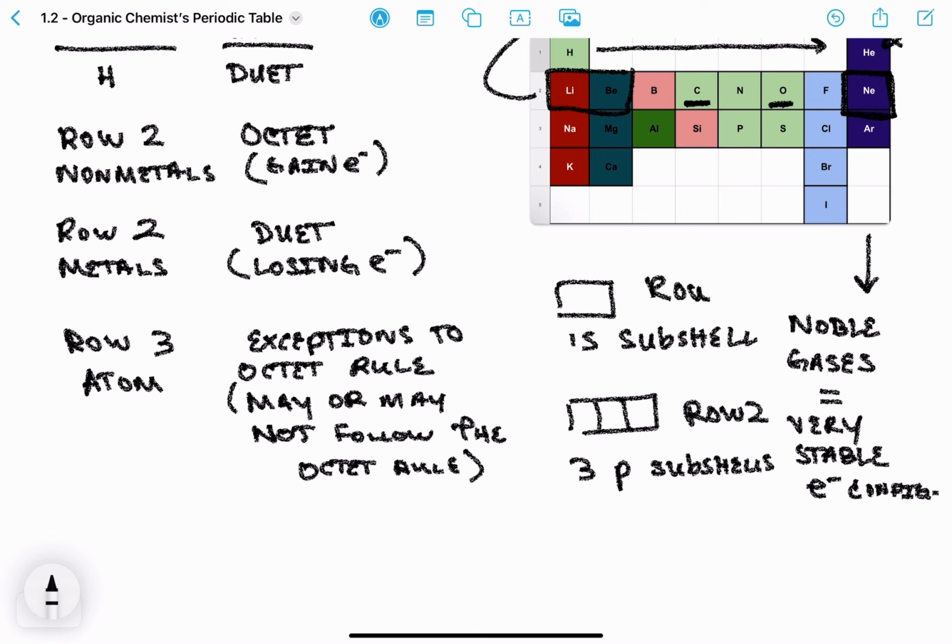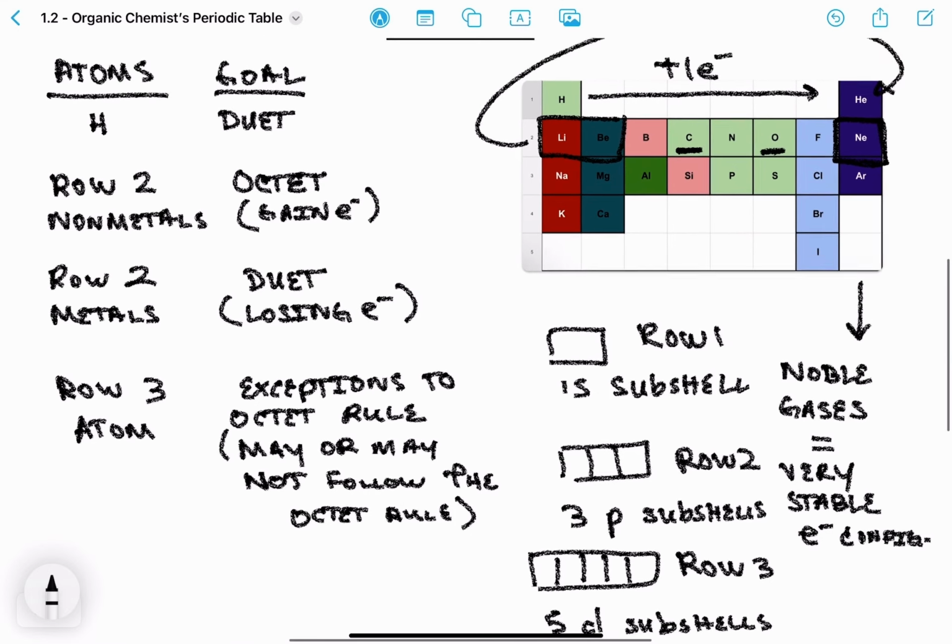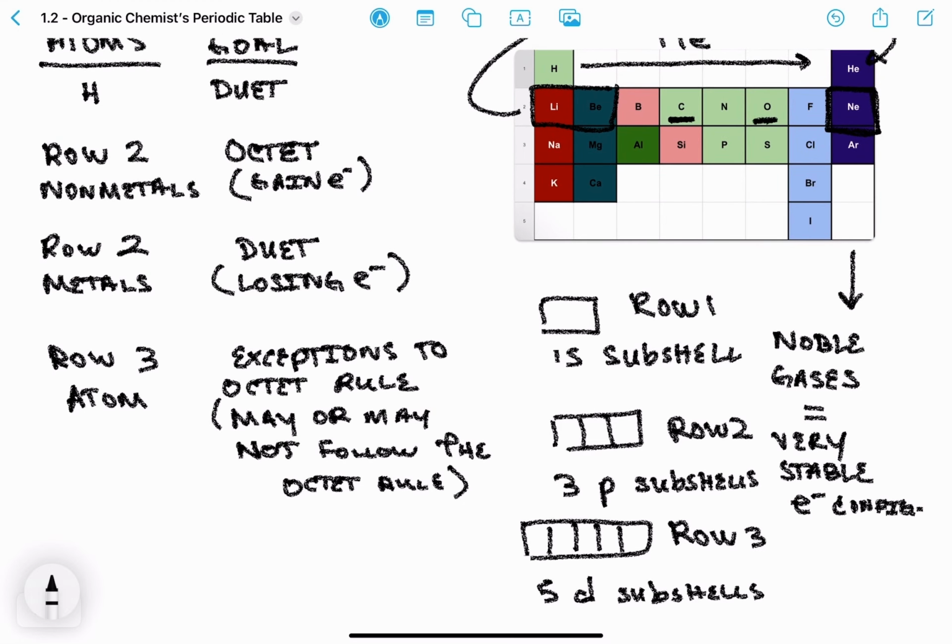And then when we get to row 3, what we have is 3d subshells. What that means is that because there are these additional 3d subshells, atoms in row 3 and beyond can actually take more and have more than an octet because they have these 5 empty d subshells.